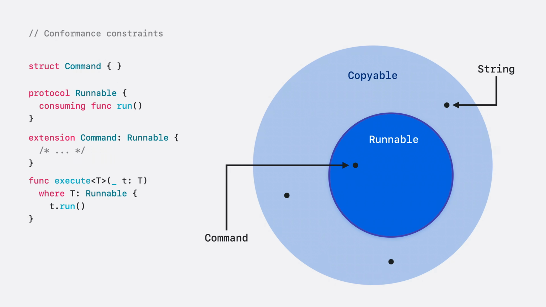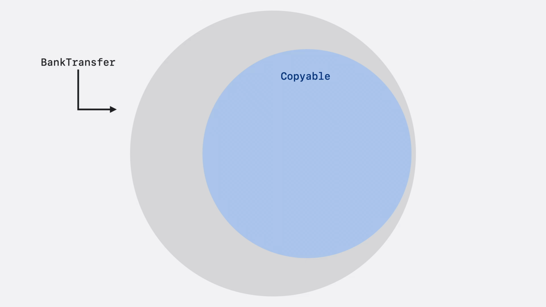Well, since Swift 5.9, our universe has expanded, because there are types without a conformance to Copyable. For example, our shiny new BankTransfer type does not conform, so its type is outside. Since we can only suppress Copyable conformances by writing tilde Copyable, that's what I'll call this broader space.